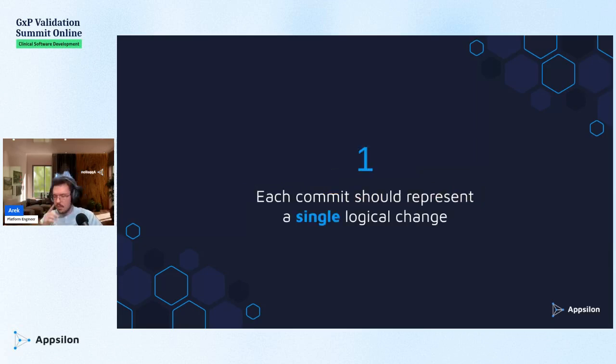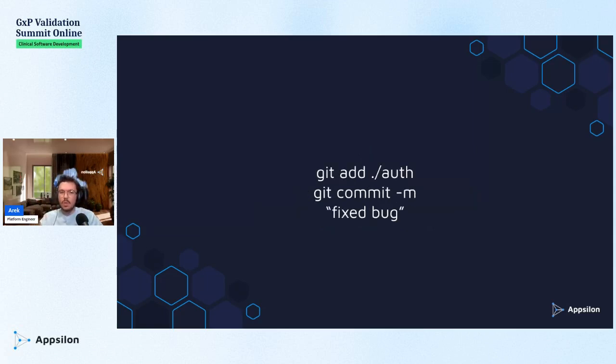So the first good thing that we should always do is that we should include only a single logical change within our commit. So what we can do here, we can split our changes, and we can add only the changes that are related to fixing the bug, and adjust our Git commit message to just "fixed bug," right? Right now we have a Git commit that has only one context, which is good, and we can work on it further.